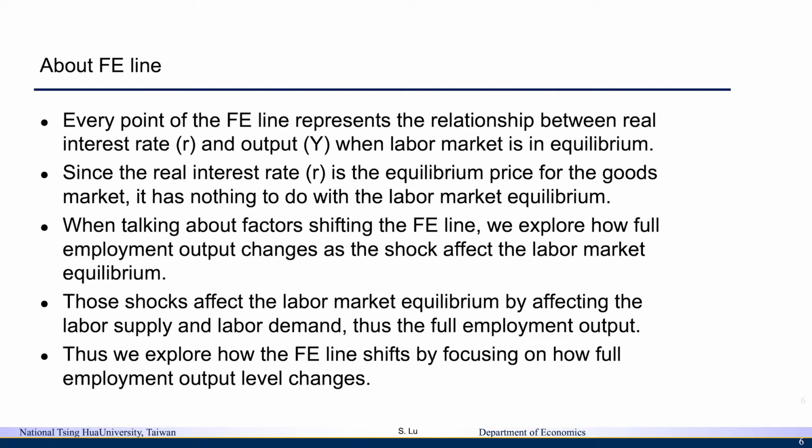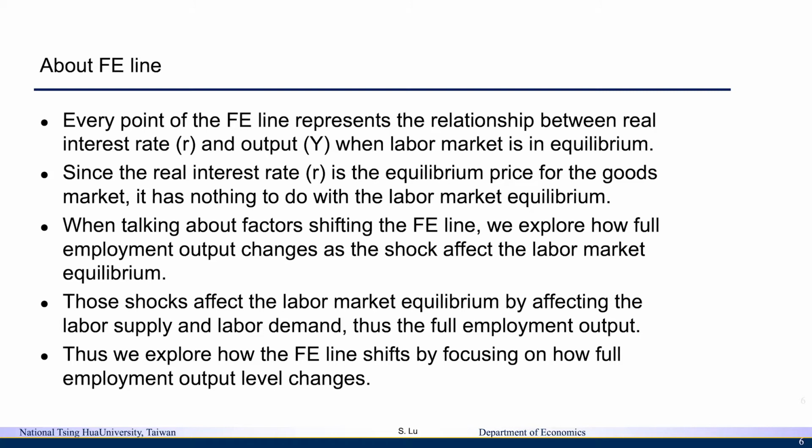So in that graph, there is only one equilibrium. However, for the full employment line, every point on the line represents the labor market equilibrium. When we draw the full employment line, the vertical axis is R and the horizontal axis is output. So then we ask, will R be affected by the labor market equilibrium, or how do changes in R affect the labor market equilibrium?